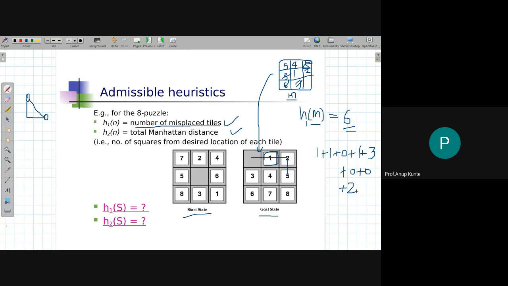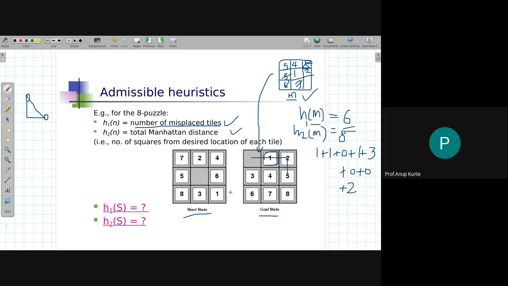If I sum these Manhattan distances, it will be 3 plus 3, 6, plus 2, 8. So my H2 of M for the state I represented above is 8. This is how I could compute the Manhattan distance for some arbitrary state M.